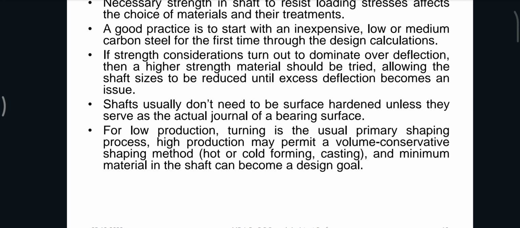For low production, turning is the usual primary shaping process. High production may permit a volume conservative shaping method, hot or cold forming or casting, and minimum material in the shaft can become a design goal.